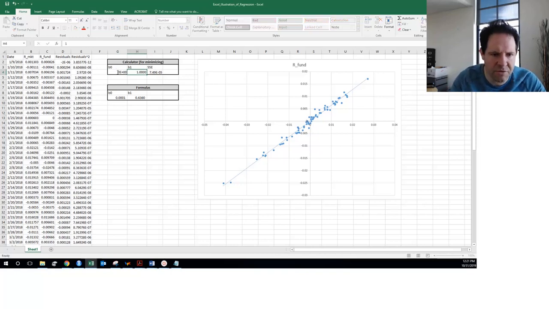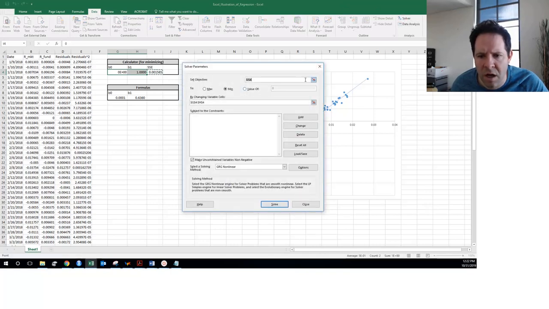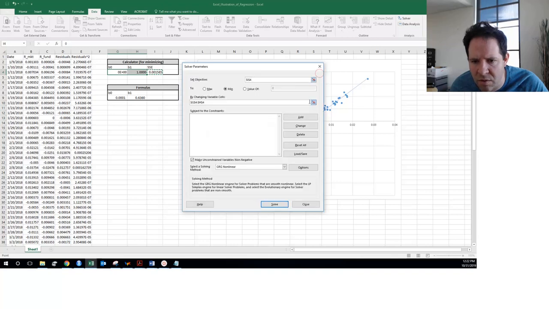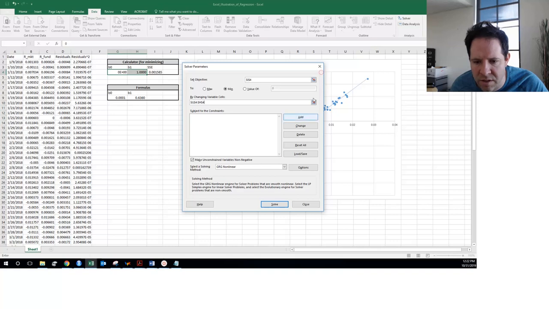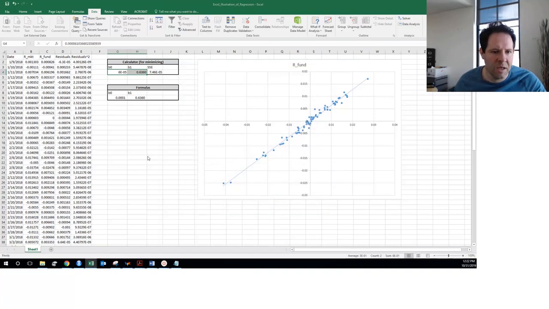So let's try a different starting point. You may sometimes have to do that when you use Solver. Here we'll pick the SSE, tell it to minimize using those, and tell it to solve. And you can see there it more closely nails it.